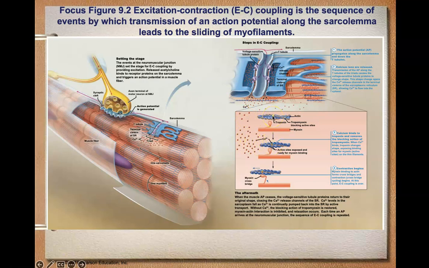When it binds to troponin, the troponin undergoes a conformational change and pulls the tropomyosin off of the active site, exposing that active site for the myosin head to bind and form a cross bridge. As soon as it does, it undergoes the power stroke, shortening the sarcomere, because those myosin heads are creeping along that sarcomere.